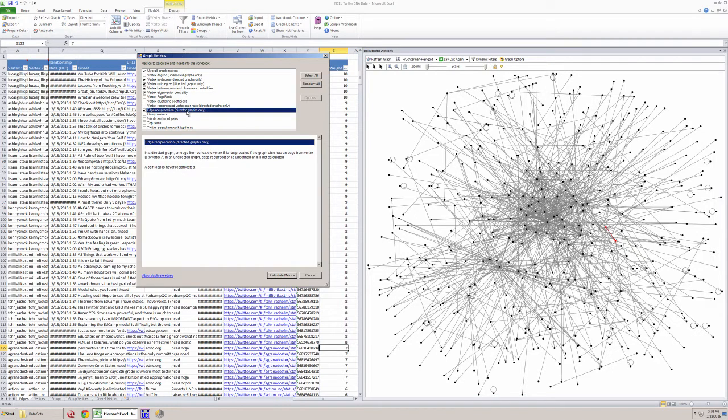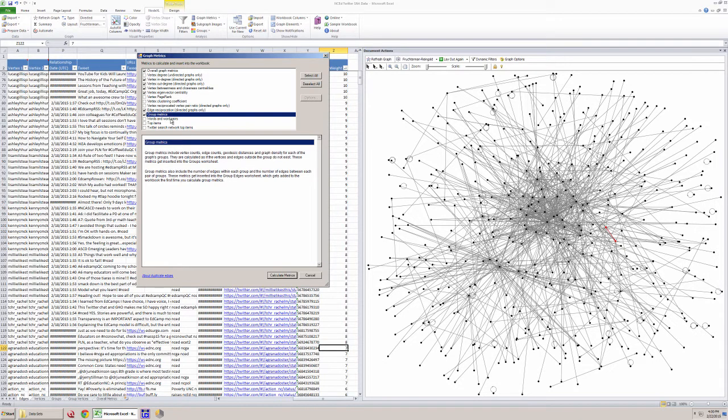This is actually whether or not the relationship between two people is one with back and forth communication. So I've replied to you, and in response, you have replied to me at some point during this conversation or during this chat. We're going to go ahead and calculate group metrics, and that's going to allow us to sort them into groups.